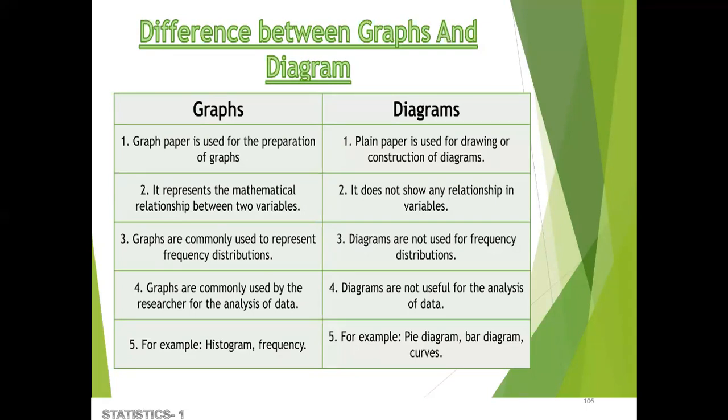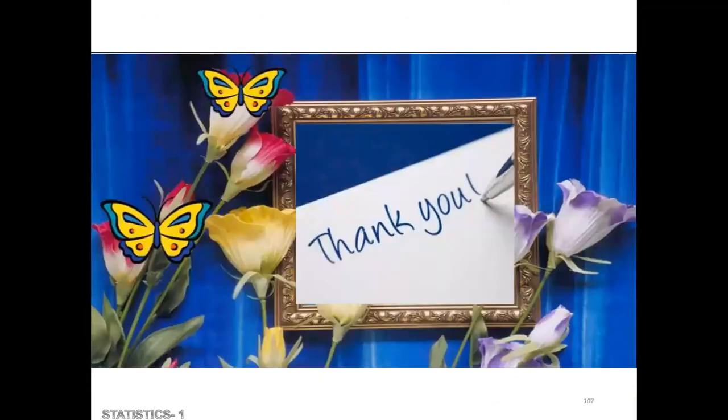Examples of graphs include the histogram, frequency distribution diagrams, ogive curves, and other things. Whereas diagrams can include the pie diagram, bar diagram, two-dimensional bar diagram, cartogram, pictogram. So like this, we have different types of diagrams. This is the broad difference between graphs and diagrams.